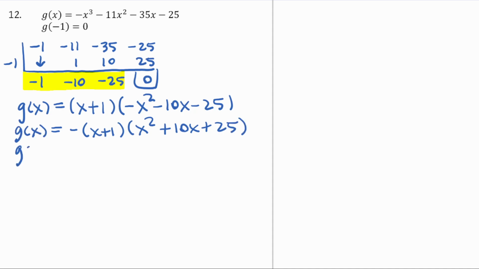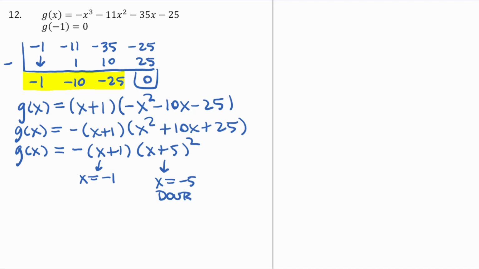And I can factor a little bit more because that quadratic, that's going to be x plus 5 times x plus 5. So I'm going to write it as x plus 5 squared to remind myself of the multiplicity. And my zeros will be from here, x equals negative 1, and there x equals negative 5, which is a double root.